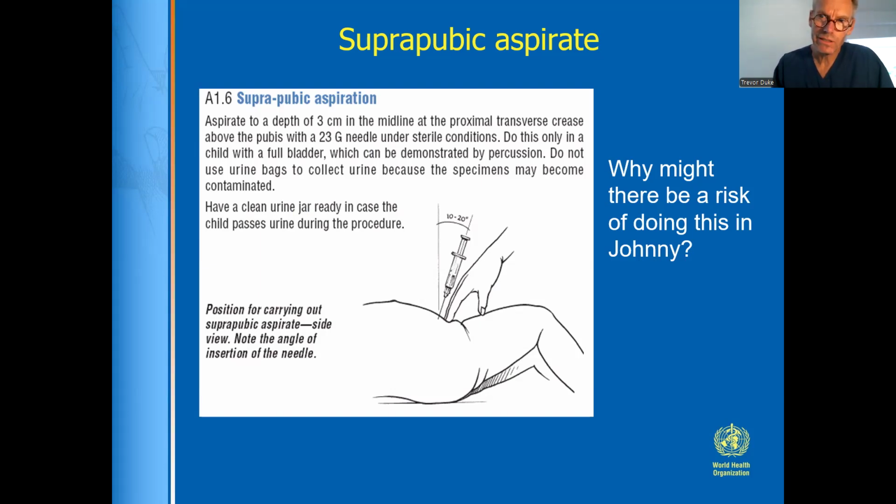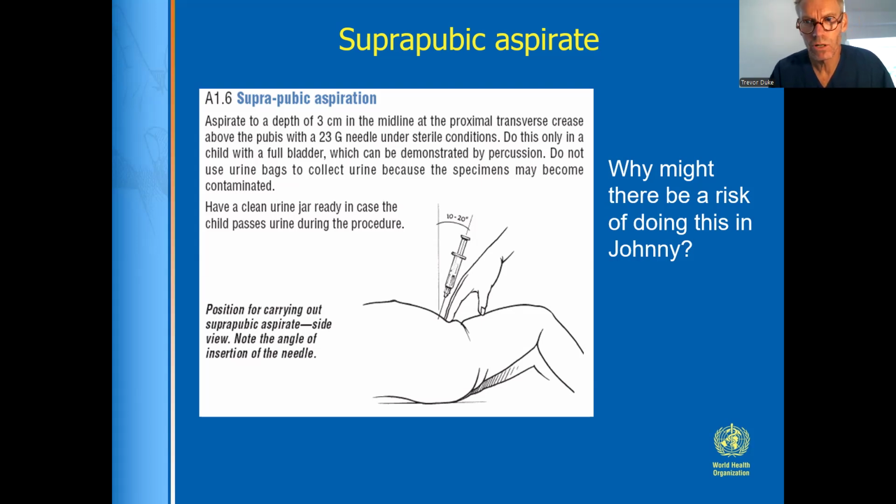Ideally you need to know that the bladder has urine in it before you do a suprapubic aspirate, and the best way to tell is with an ultrasound. You can see the bladder clearly distended, and you can go in the midline with a very fine gauge needle, and you almost always can get urine out if the bladder's full. If the bladder's not full, then you may struggle to do it.